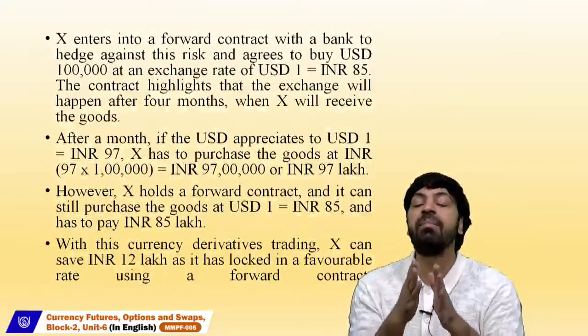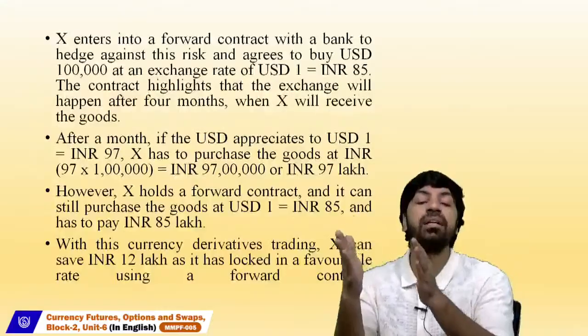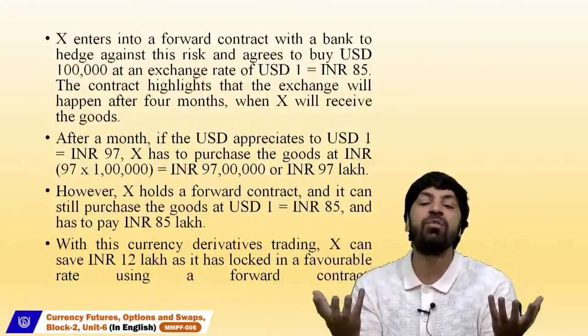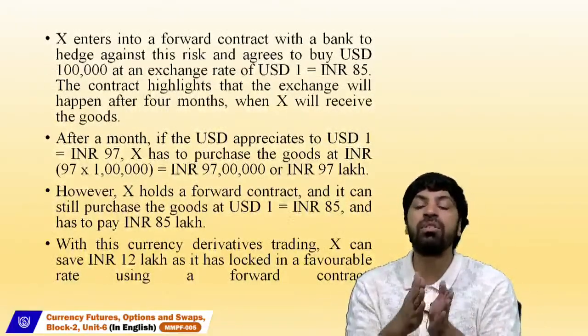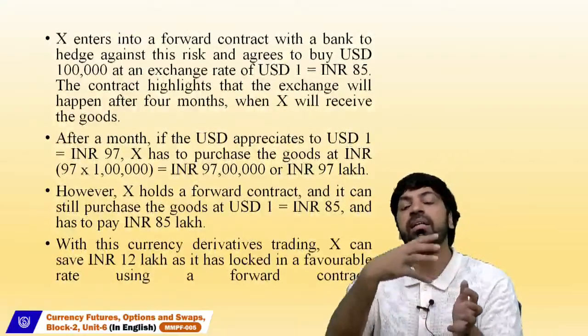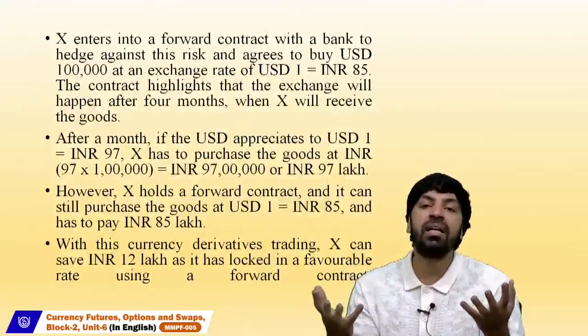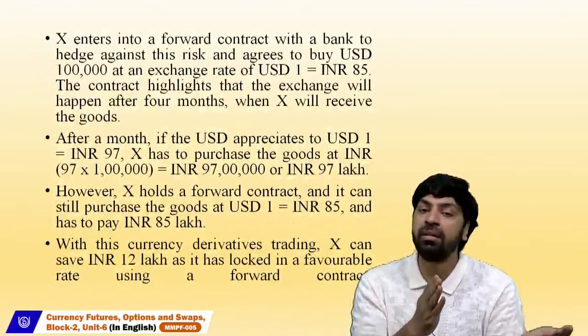And that is the benefit of the forward contract. When a company enters into such a contract, the deal is locked. Whatever exchange rate is fixed, it's locked. So suppose in the future the currency appreciates, then without the contract the company would have to pay a higher amount than the deal rate.